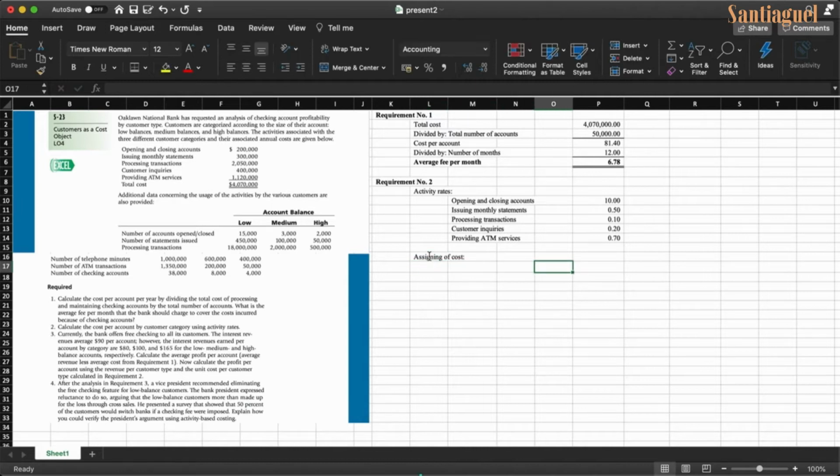Now that we have the unit rate for each activity, we will assign cost by multiplying these rates by the account balance of each customer category for each activity so we can get the total cost.